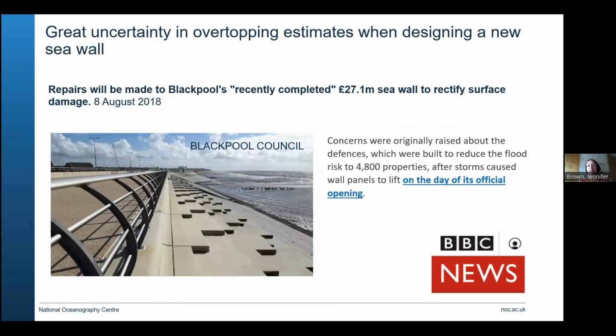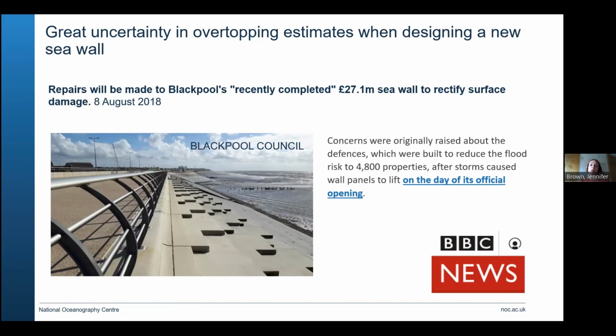Here's an example of a seawall that was designed and built in Blackpool, but soon after it opened, a storm impact caused some of the material to be lifted during a storm event. So of course this caught the eye of the media. That doesn't mean that the seawall isn't performing to its design standards. It just means there was some facial impact that needs to be put right.